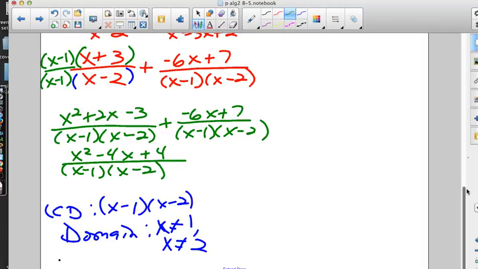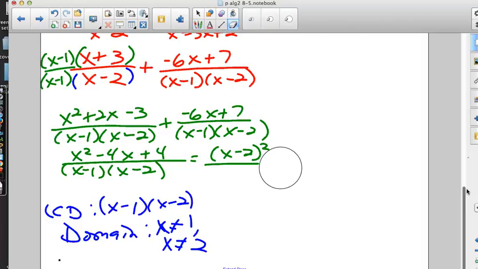So the question is, can we keep going with this one? We can, can't we? Yes. In fact, that is a perfect square trinomial up there at the top. You can write it as x minus 2 times x minus 2 or x minus 2 squared. I think this class had decided we like them both written out better, right?